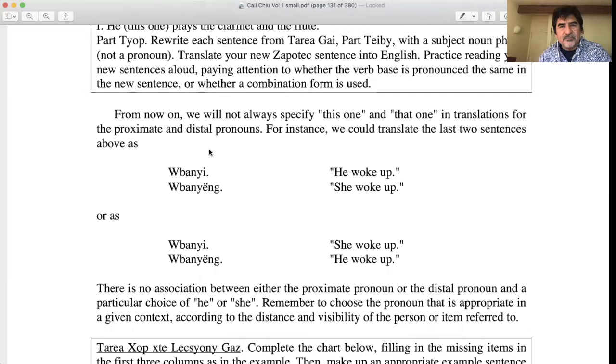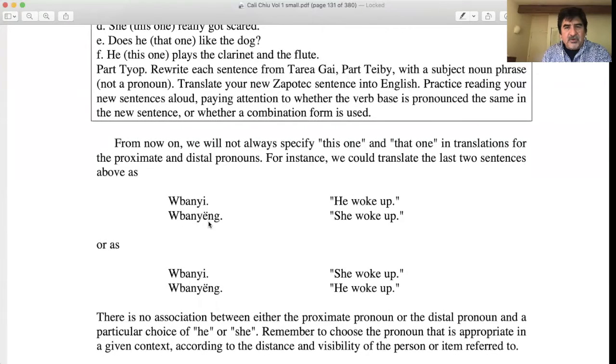Okay. So now also you can specify this one or that one in translation for the proximate and distal pronoun. For instance, we could translate the last two sentences as whiny or wanyan, right? He woke up or she woke up.